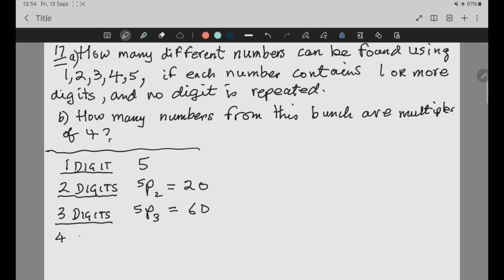4 digits, again the same sort of procedure. 5p4 this time, which comes to 120. And lastly, 5 digits, which is 5p5, which works out to 120.